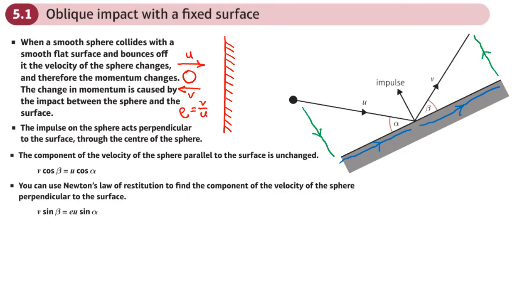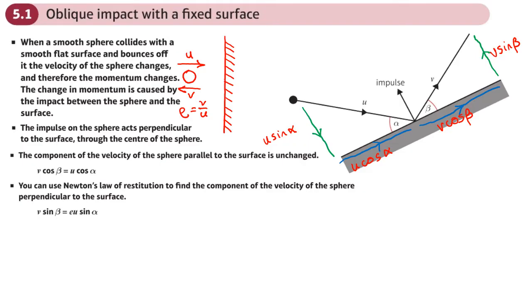So this would be u sine alpha, this will be u cos alpha. Moving across, we would have v cos beta, and on the right hand side we'd have v sine beta.